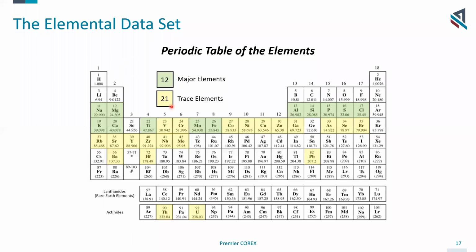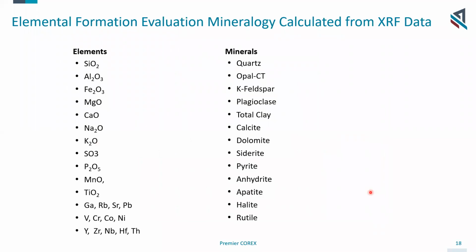And then we've got 21 trace elements. I'm not going to go through all of those because some of the names I can't pronounce, but importantly we've got things like thorium, uranium, vanadium, chrome, nickel, and copper.